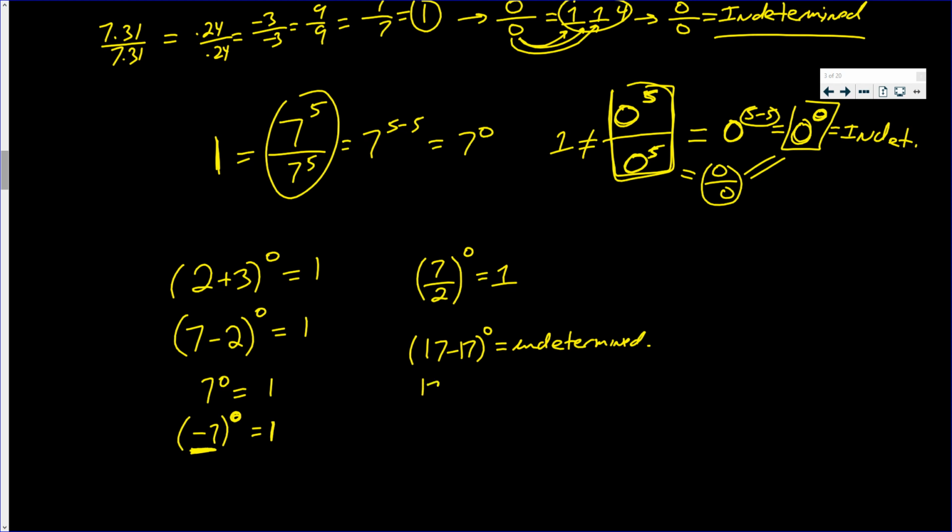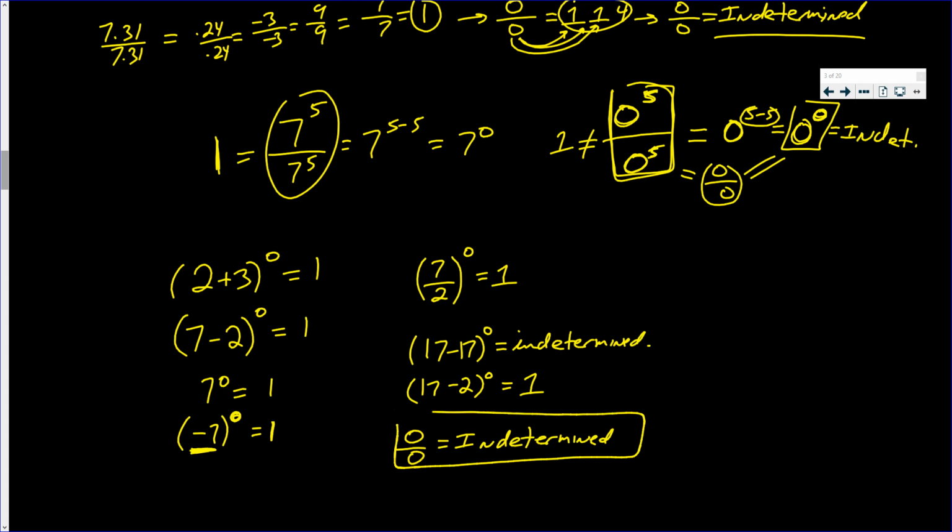But if I had 17 minus 2, which is not 0, it's 15 to the 0 power, I get 1. Now, since I talked about 0 over 0 being indeterminate, that is, 0 over 0 can be any number.